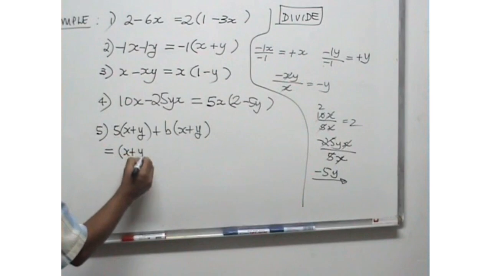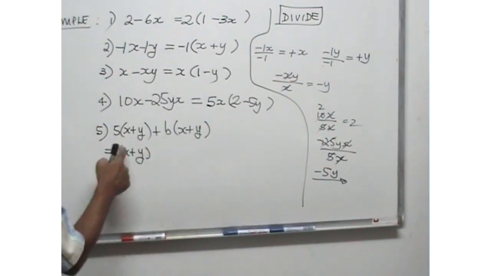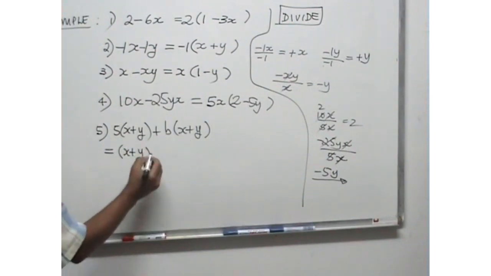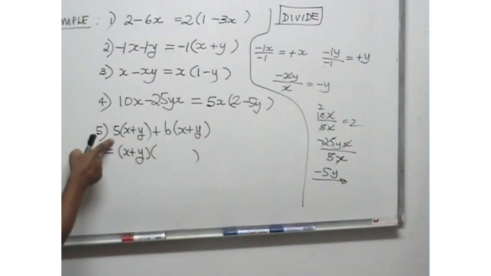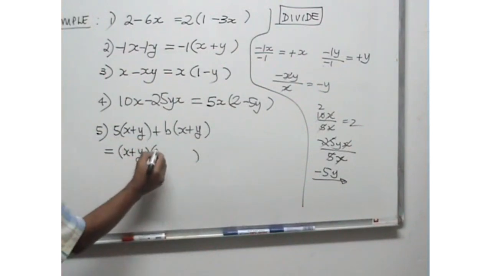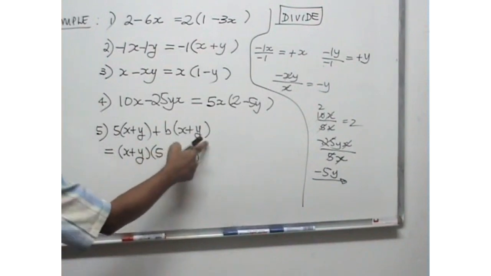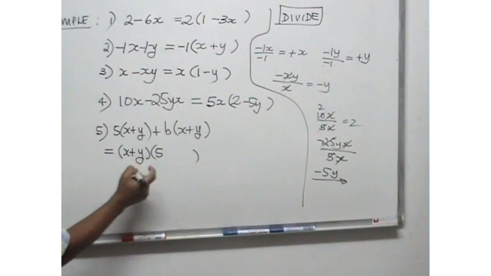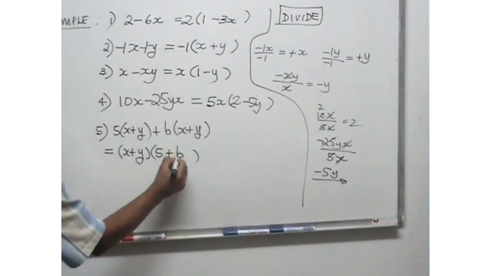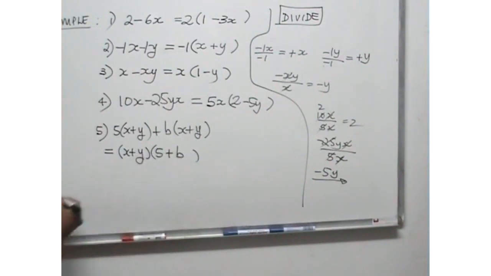Therefore I have to write the bracket down, x plus y. It was common, I write the bracket down. Now if I divide the first term by x plus y, I'm left with 5. If I divide the second term by x plus y, I'm left with plus b. So there is your final answer, x plus y into 5 plus b.